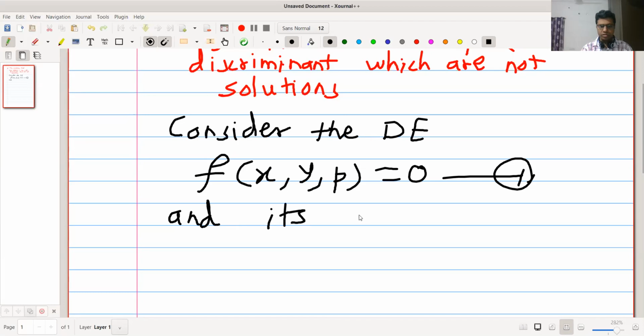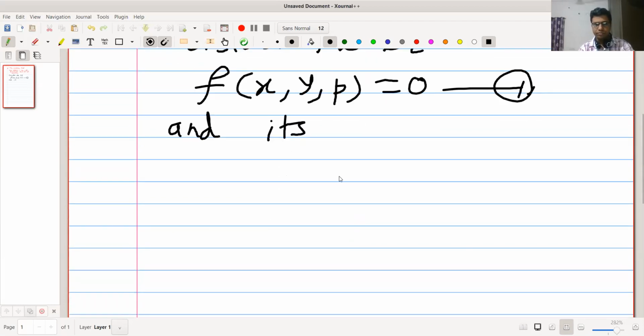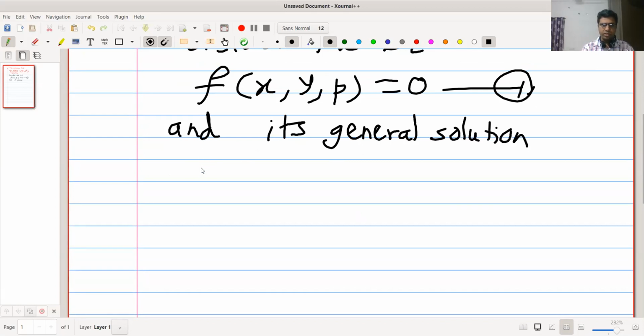its general solution say phi of x, y, c equal to 0. C is arbitrary constant.